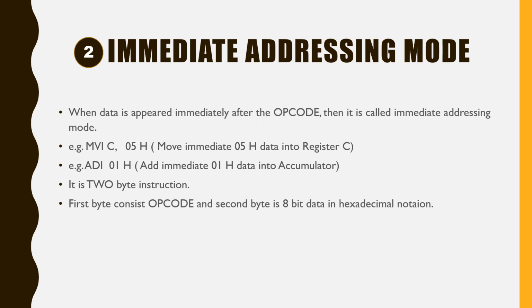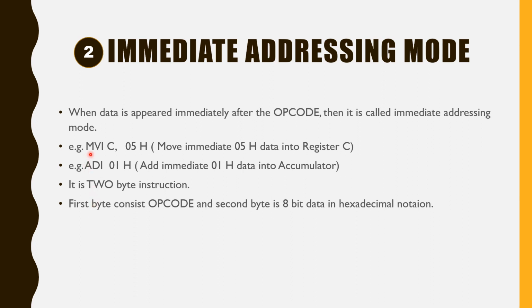Now the next is the immediate addressing mode. The immediate addressing mode is the second addressing mode they have given. Why is it called immediate? Because the data appears immediately after the opcode. Now look at the slide.